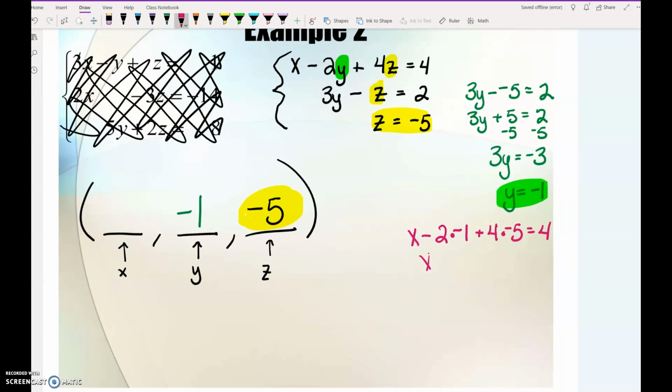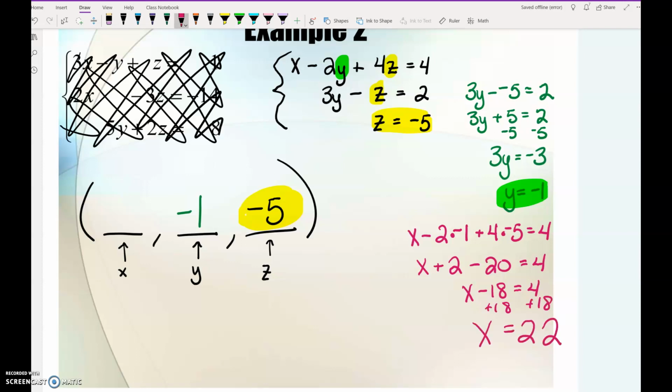So that's really x plus 2 minus 20 equals 4. And if you're thinking this number is way too big, this can't be right, it absolutely is right. X is 22.